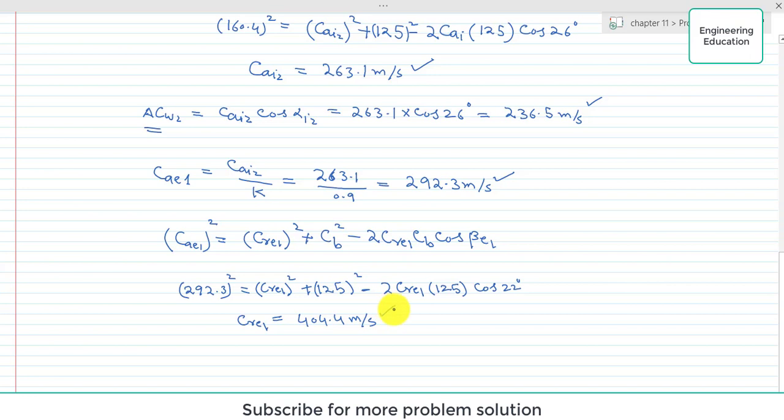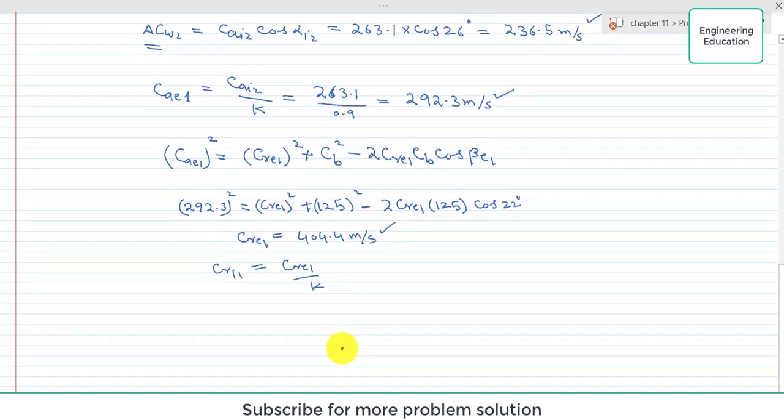Now to find the value of CRI1, from the velocity triangle, CRI1 is equal to CRE1 by K. So simplifying it, CRE1 is 404.4 divided by K, which is 0.9.